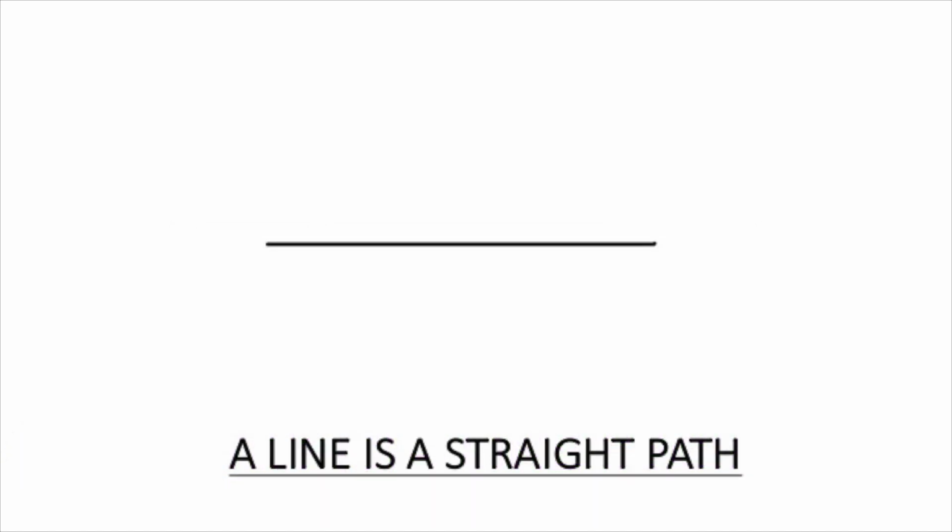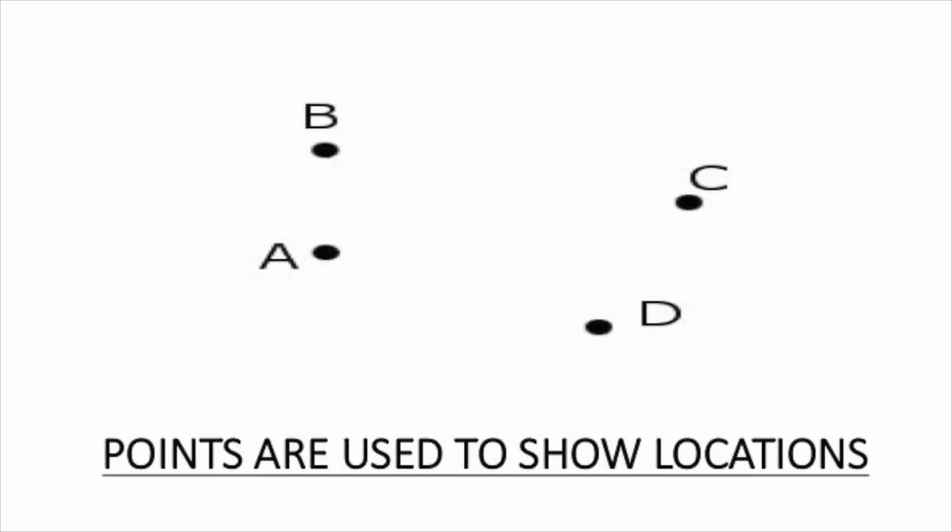A line is a straight path. And as we've seen already, the line can go in many different directions. The line must always be straight. Points are used to show locations. How many points do we have? What are they called?